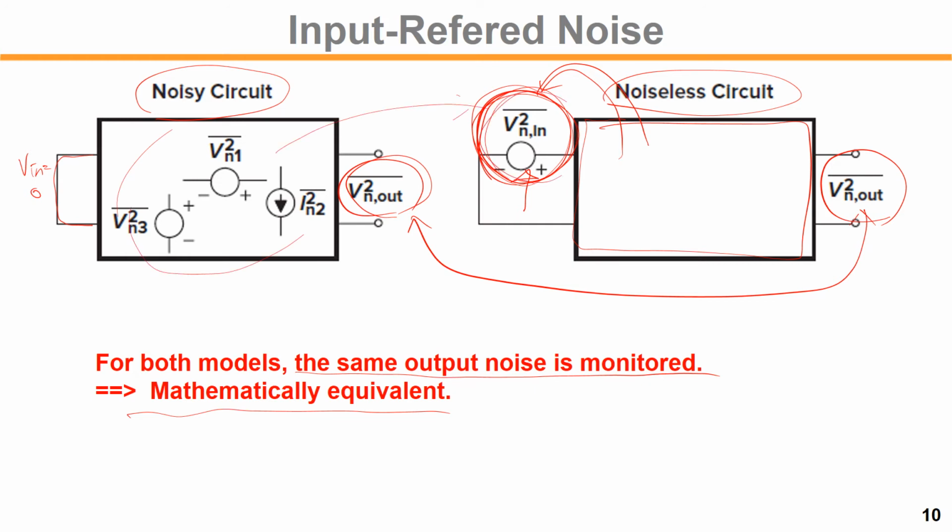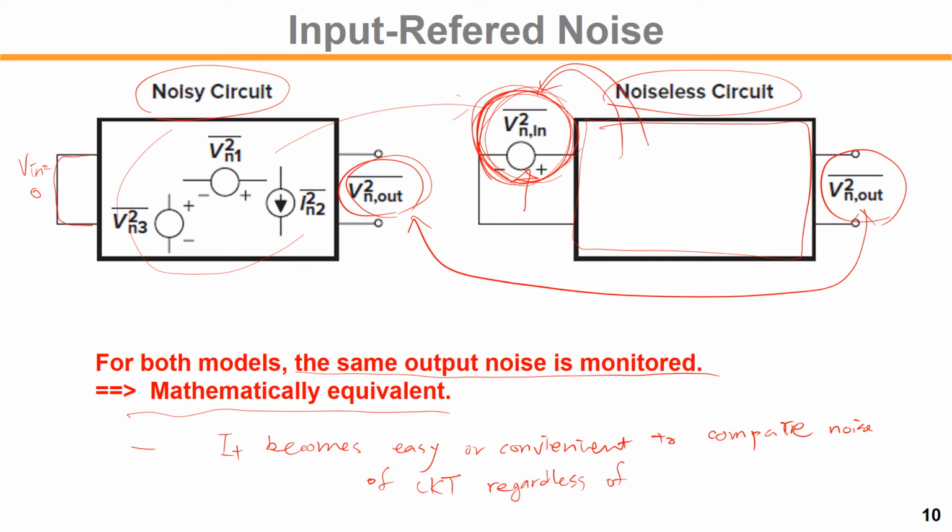Once we find that input reference noise for different types of circuits, it becomes easy and convenient to compare the noise of the circuit regardless of circuit gain, right?